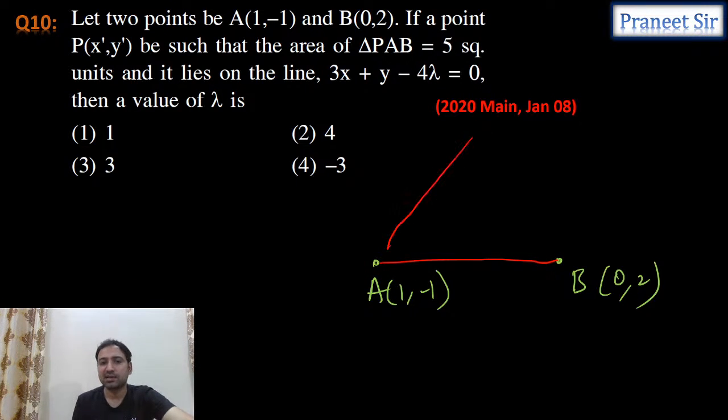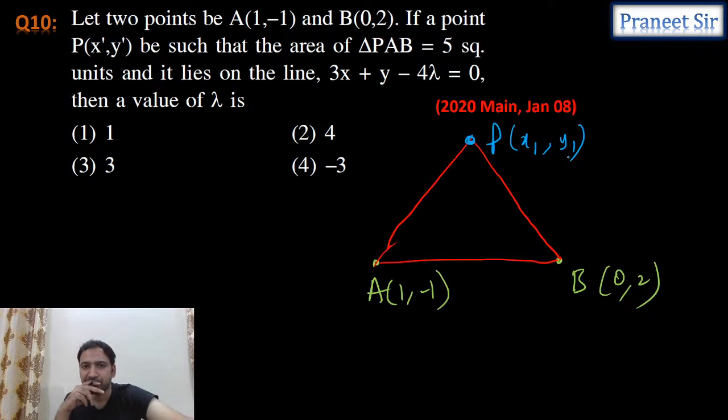So this is triangle PAB. This point is P, (x dash, y dash), or you can take (x1, y1). And then the area is given as 5 square units.